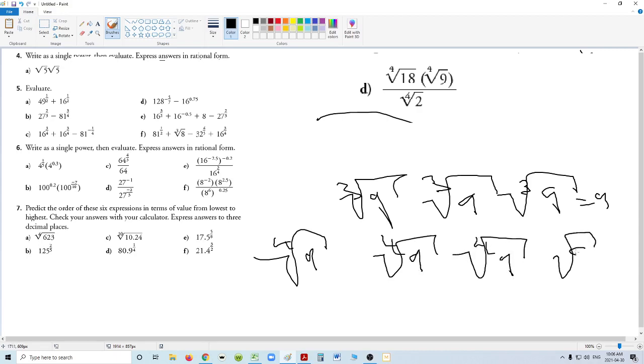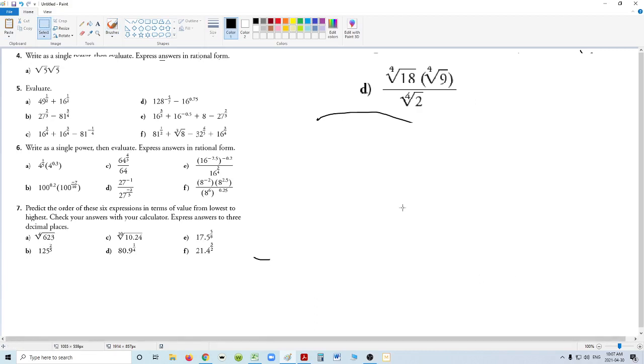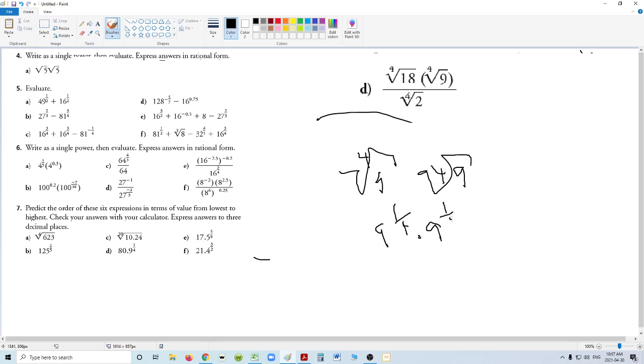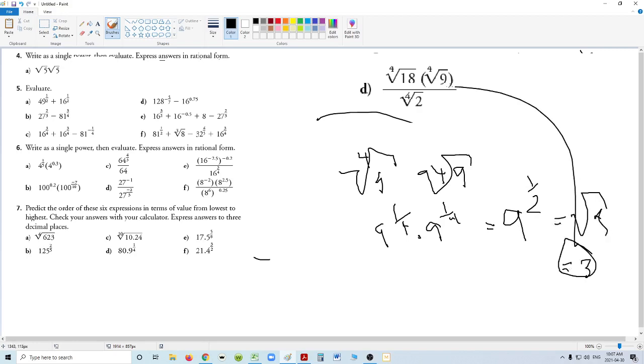But in this case, I got a 4 root of 9 times a 4 root of 9. I'm going to rewrite it as an exponent to make it more clear. 9 to a quarter times 9 to a quarter. I add the fractions. I get 9 to the half, which is the same as square root of 9, which is 3. There we go.